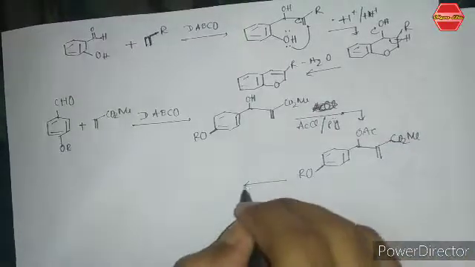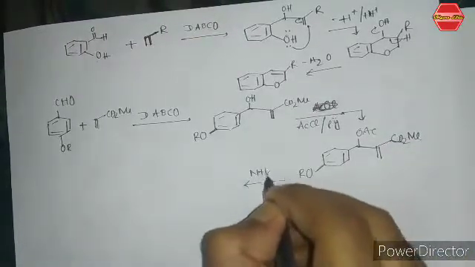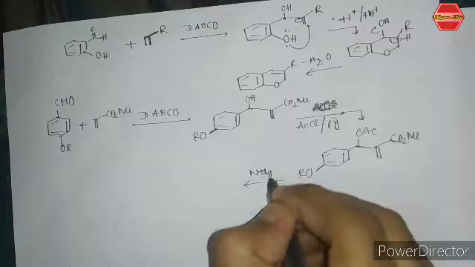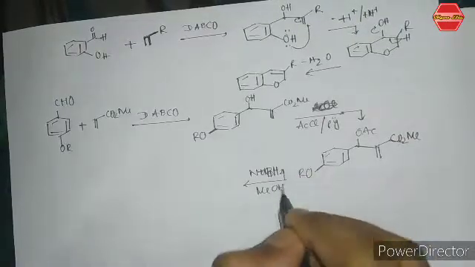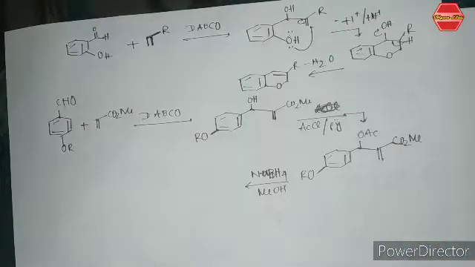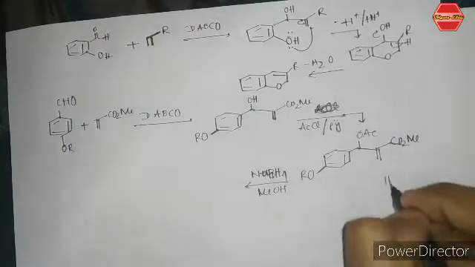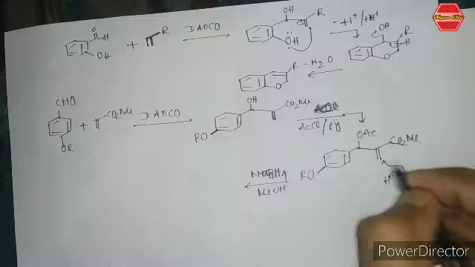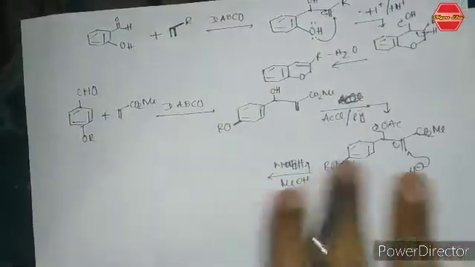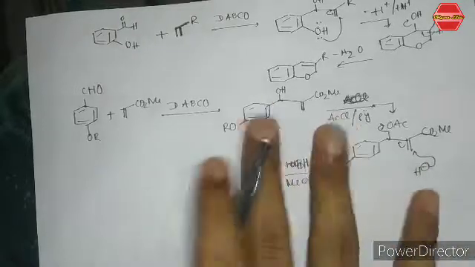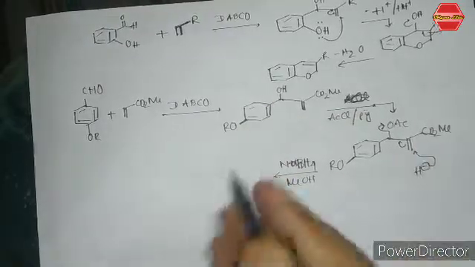Now if we use sodium borohydride, NaBH4, in methanol, how does the reaction work? This hydride will attack over here. See, all these examples tell us that this hydride, or any kind of nucleophile, always attacks this alkene.